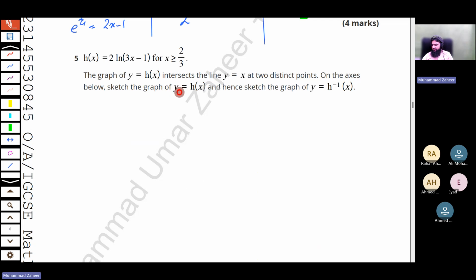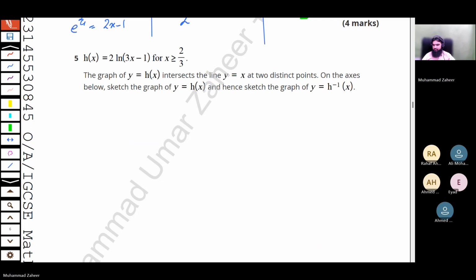Sketch the graph of h of x and hence sketch the graph of h inverse of x. Basically, you have to draw the graph of h of x as well as the graph of h inverse of x.